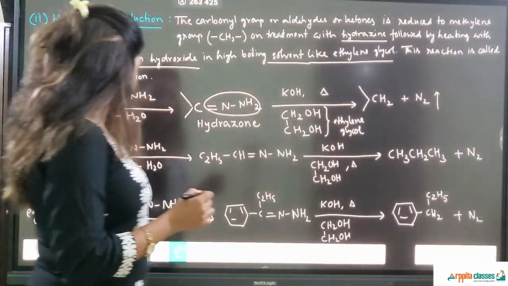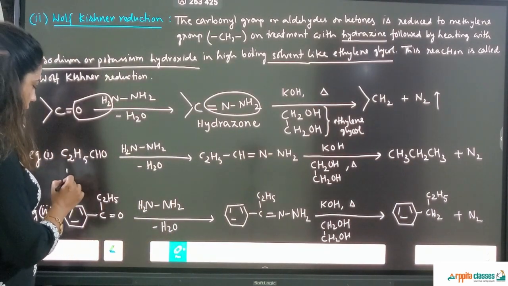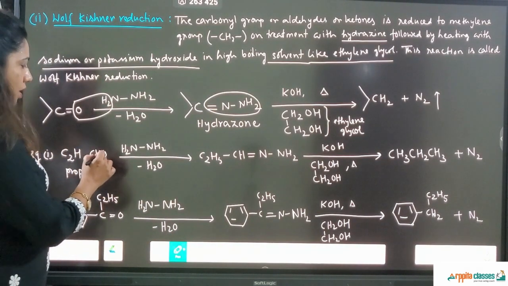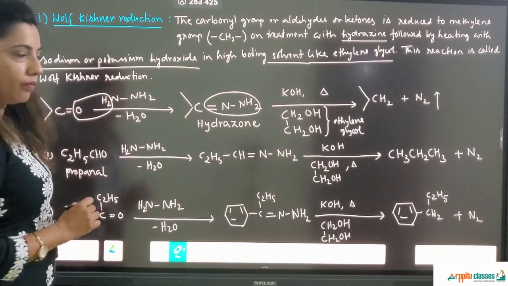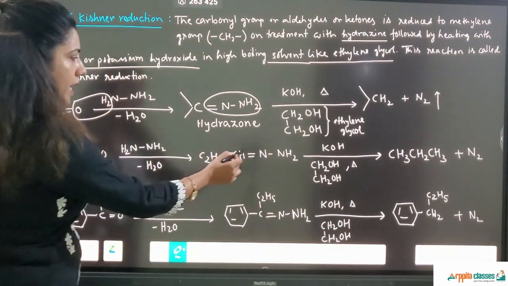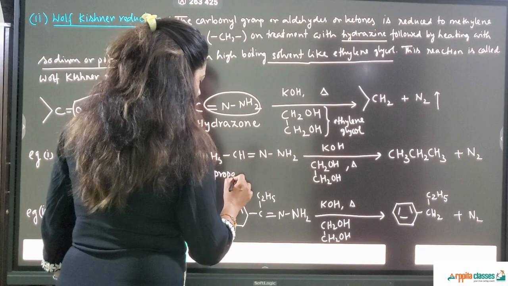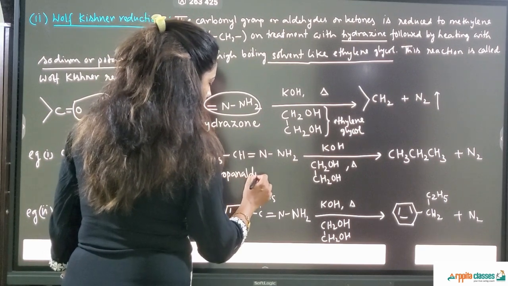Let's take an example. This is C2H5CHO, that is propanal. First of all, the water molecule will be removed, and you get C2H5CH double bond N NH2. This is propanaldehyde hydrazone.